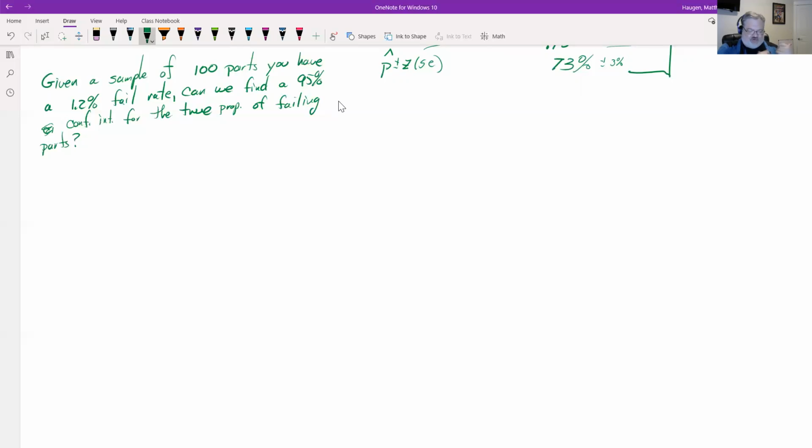If it's a red light, it goes in the bin to go and be fixed, right? And we have a sample of 100 of those, and out of the 100, 1.2% of them fail. So it's not too many, but it's something we want to know. But that doesn't mean the entire factory run fails at 1.2%. It should be around that.